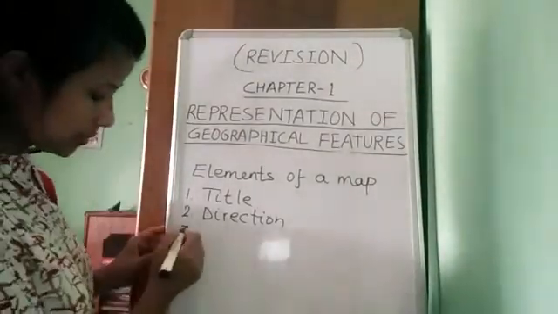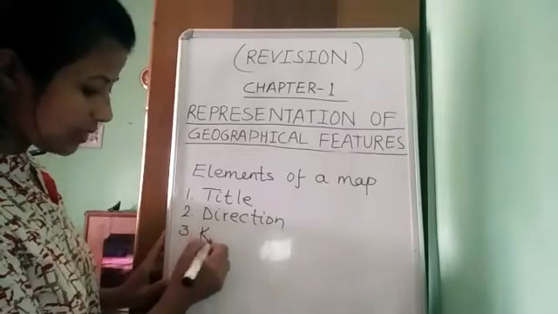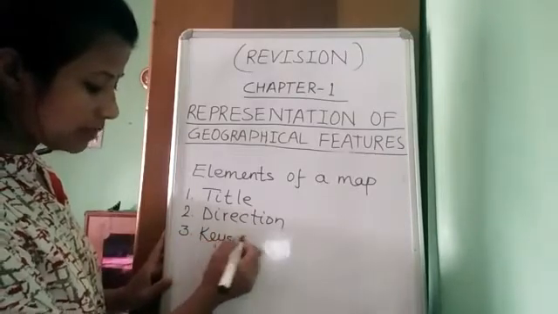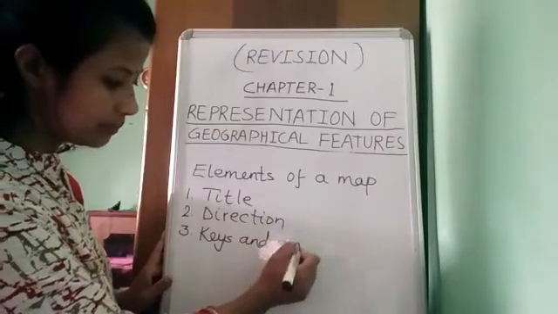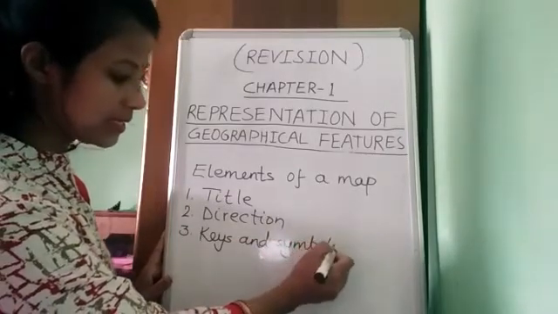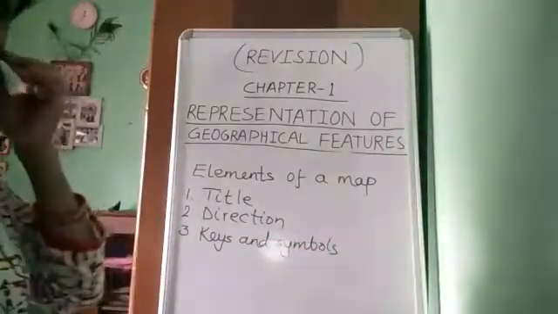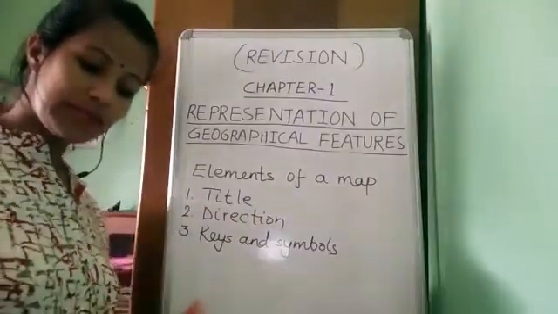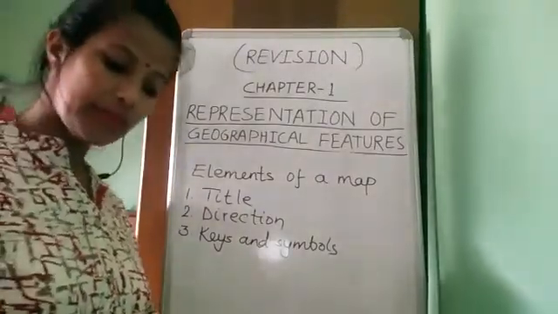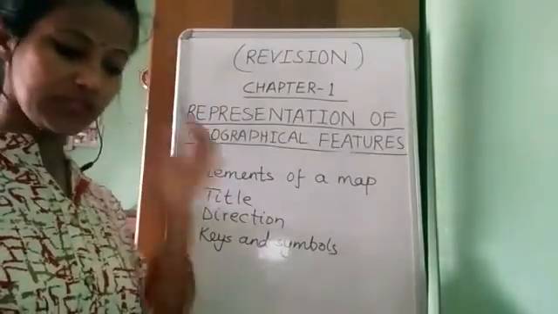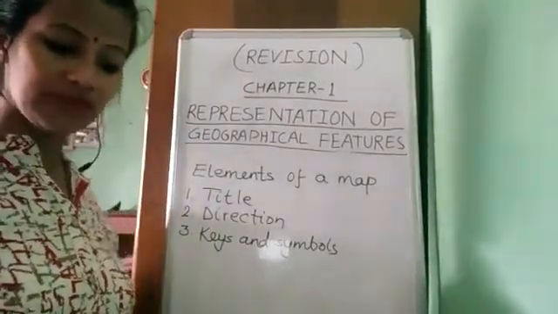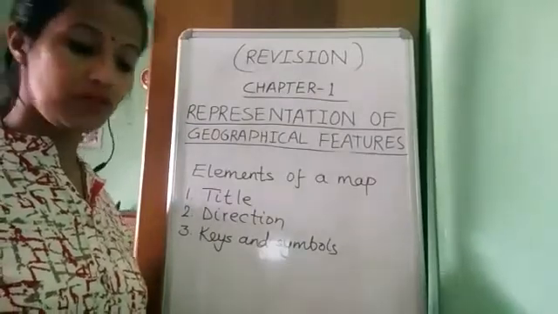Third one is key or symbols. For large scale maps, keys and symbols are very important. Every map uses symbols to show different features. Some of these symbols have a definite or fixed meaning.